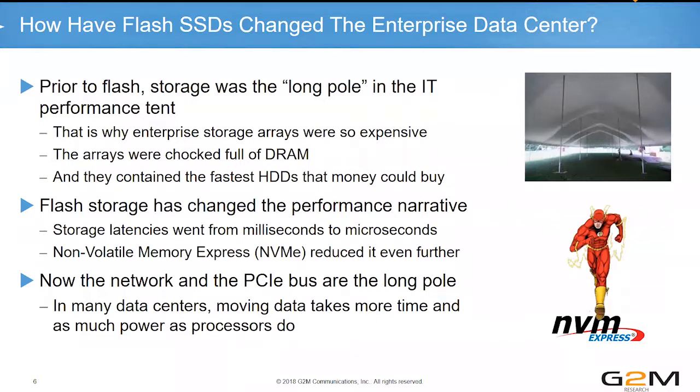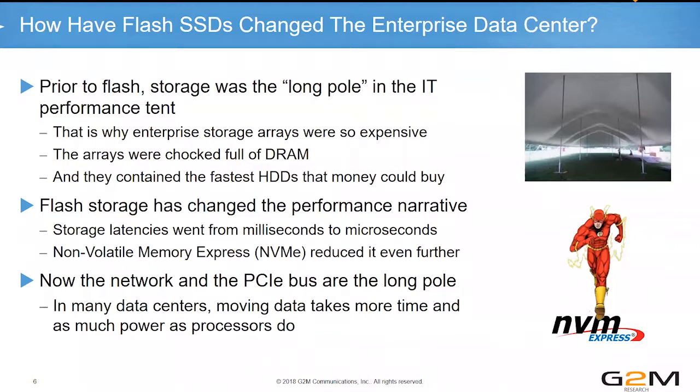They had the fastest disk drives you could get, and they would often short stroke them, which means they're only using a piece of the disk drive so they could improve performance. These things were $1 million boxes, literally. And even with that, we were talking about latencies in the millisecond range. That was good. Flash has really changed that.